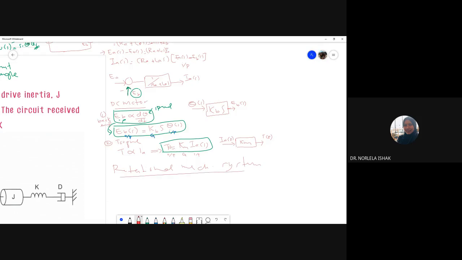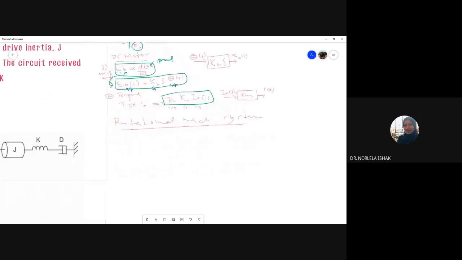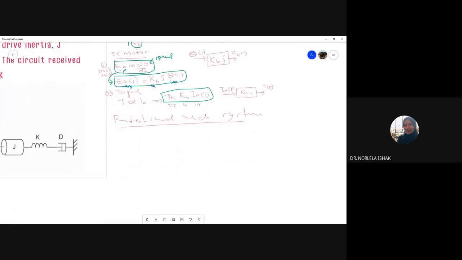What can we derive? What is the equation for the rotational mechanical system? It is the torque. Torque equals the impedance: inertia, JS squared, plus the damper, multiplied with theta S, in the S domain. Which one is input, which one is output?